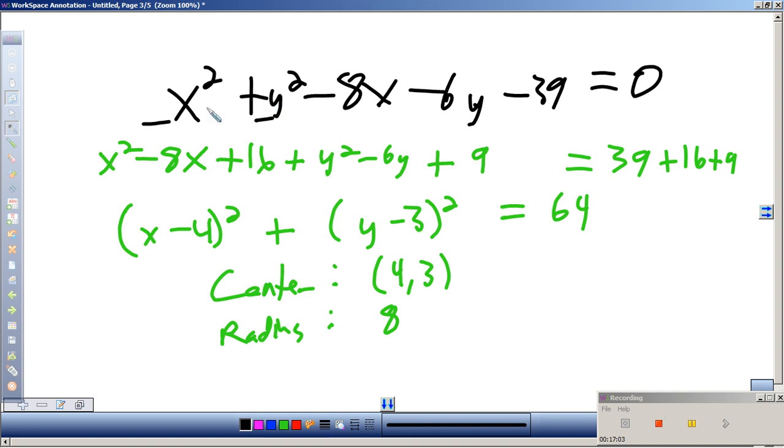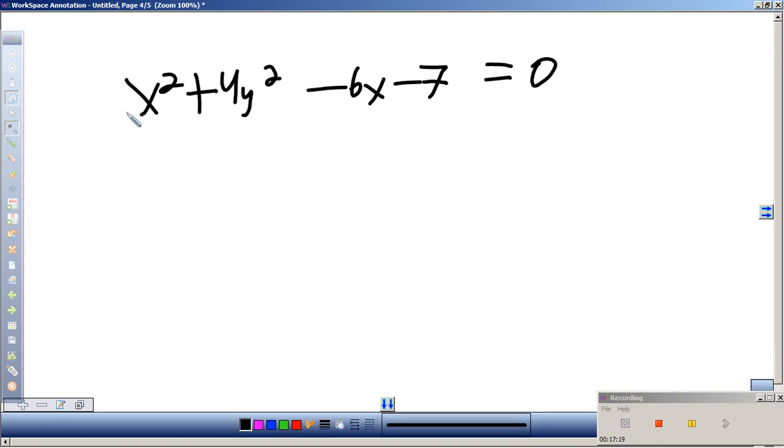They both have the same coefficient, which you should recognize as a circle. X squared and y squared both have the same coefficient, which guarantees that you're going to have a circle. If you look over here, x squared and y squared do not have the same coefficient, which means it's not going to be a circle. It can't be a circle if they don't have the same coefficient, unless there's some other math going on, like, for example, if you had a minus 3x squared over here added to the thing.